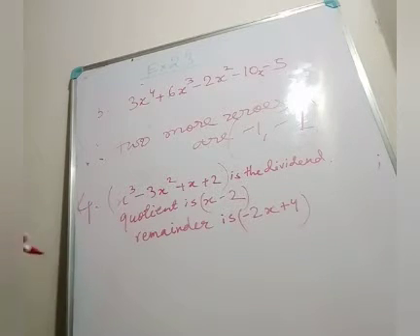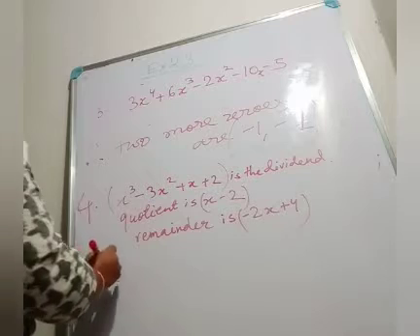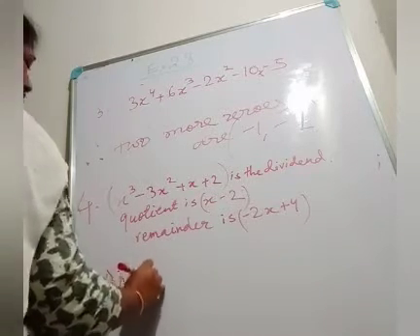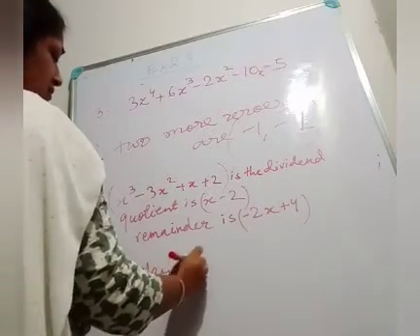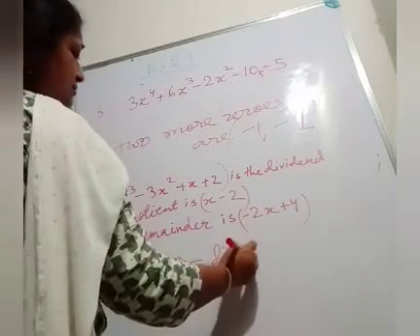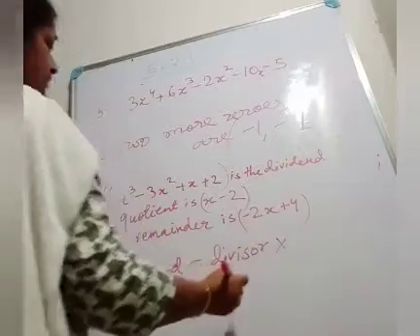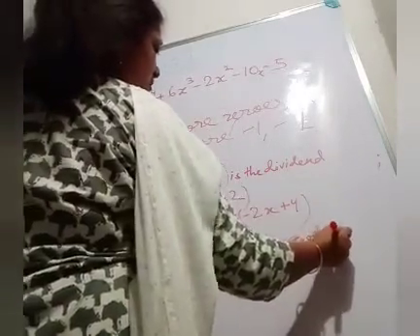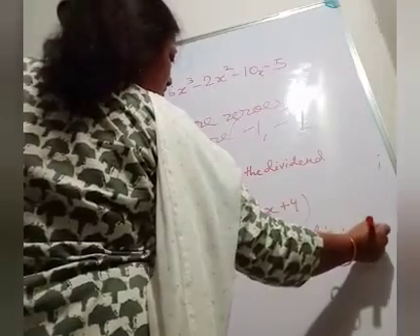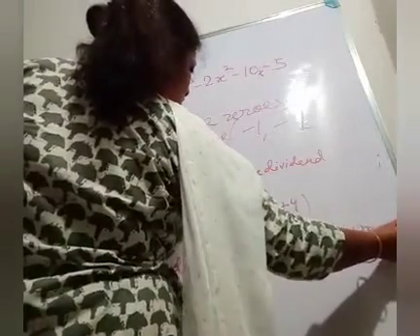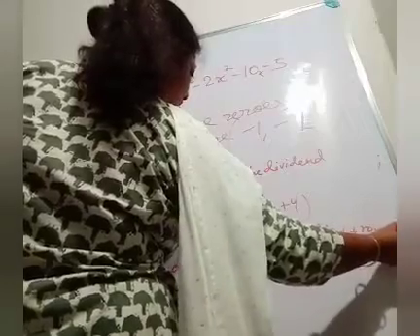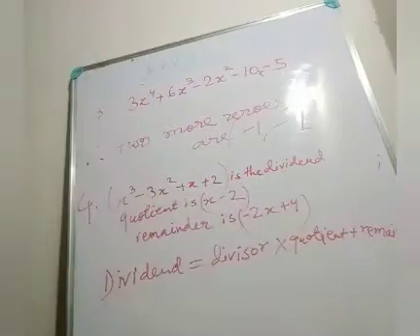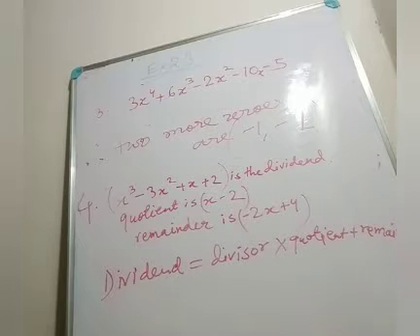Okay students, according to the division algorithm, we know that dividend is equal to divisor into quotient plus remainder. You know this formula students. In the first chapter I have explained this formula, that dividend is equal to divisor into quotient plus remainder.